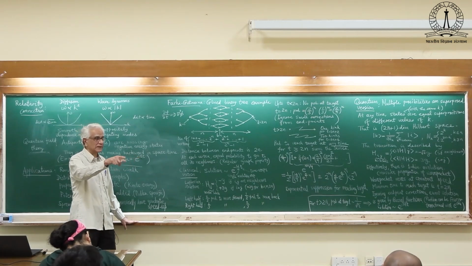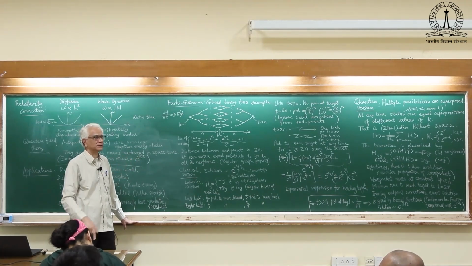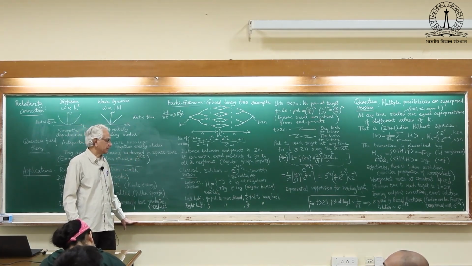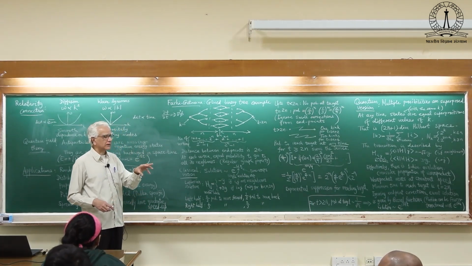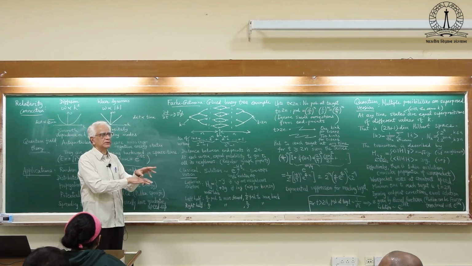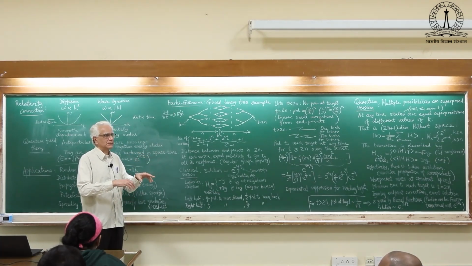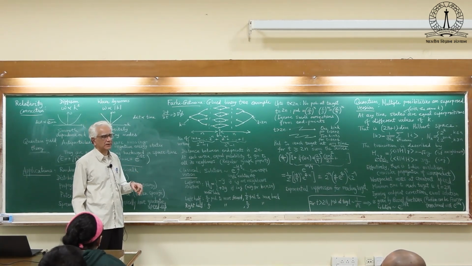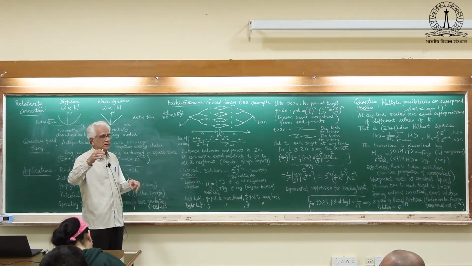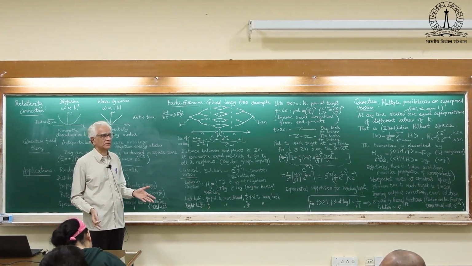So I have to propagate on a graph connecting all those points, and the limitation will be that one point will be connected only to its neighbors. If I take one point, I can go anywhere from here to another location in one step. That becomes Grover's algorithm.